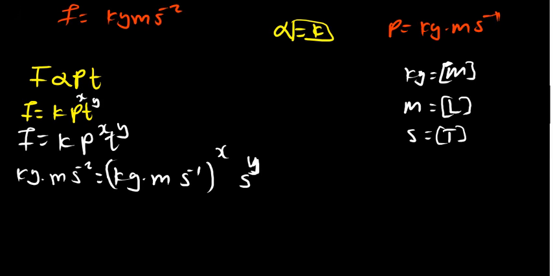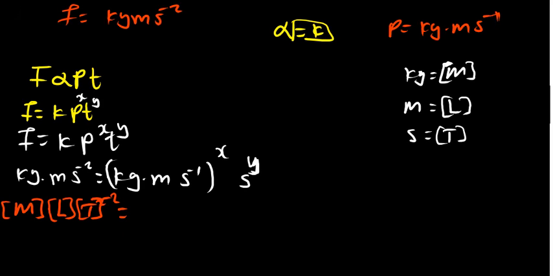So where there is kg, I put capital M, for the meters I put L, and for seconds I put T to the power negative 2, and this has to be equal to, same applies to this.